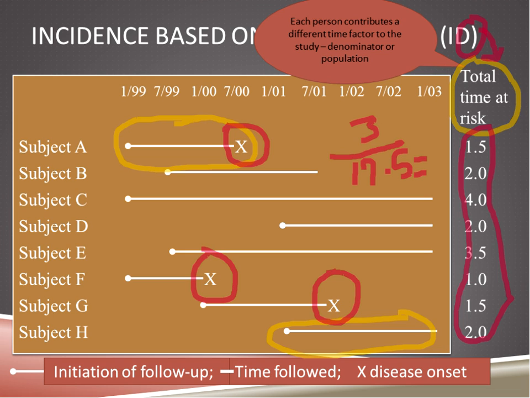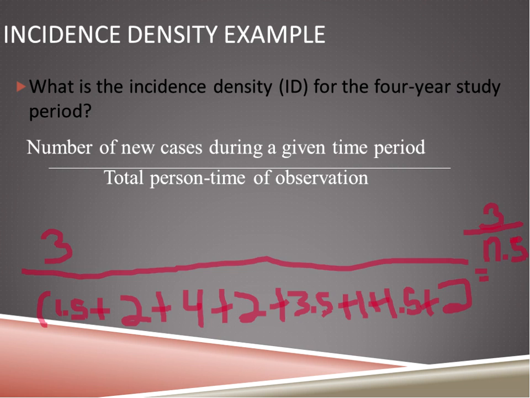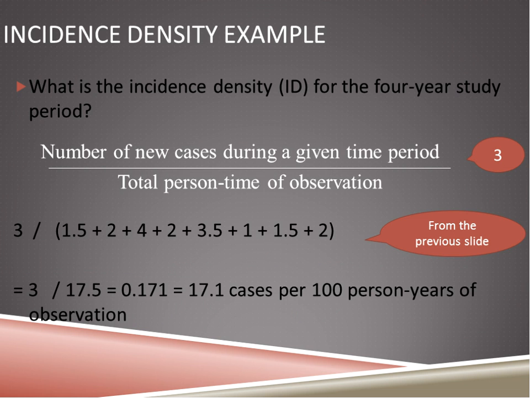Our math is 3 new cases over 17.5 years, and it gives us an incidence density of 17.1 cases per 100 person years, because I multiplied the fraction by 100, or the incidence density would be 0.17 cases per 1 year.